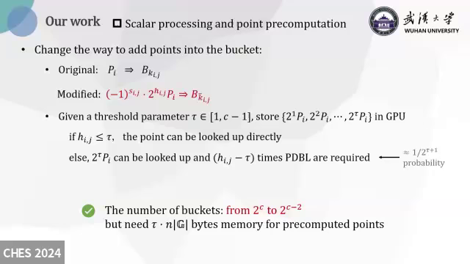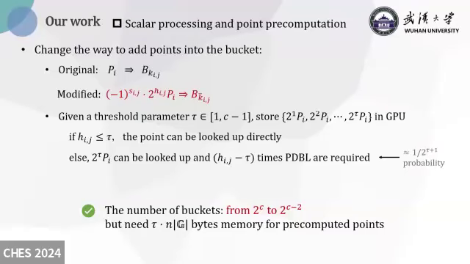After that, we are able to change the way to add points into the bucket. Firstly, we can obtain pre-computed points based on the exponent part of k̂_ij. This relies on the fact that we can pre-compute several doublings of the point P_i. Then, the points obtained from the lookup table can be added to the corresponding bucket, where the bucket index is equal to the odd number part of k̂_ij.